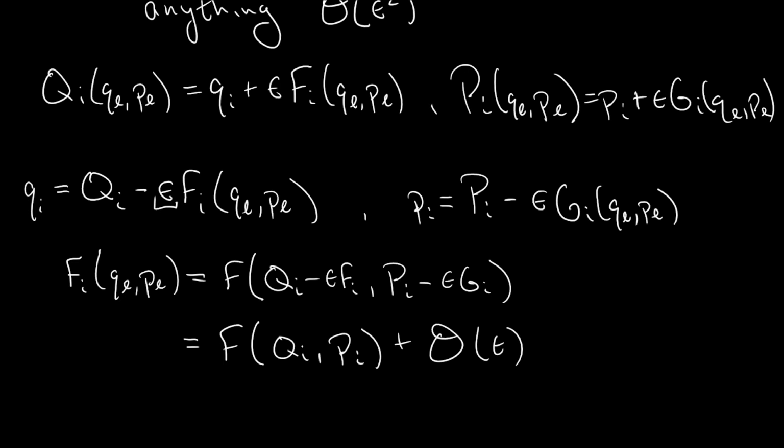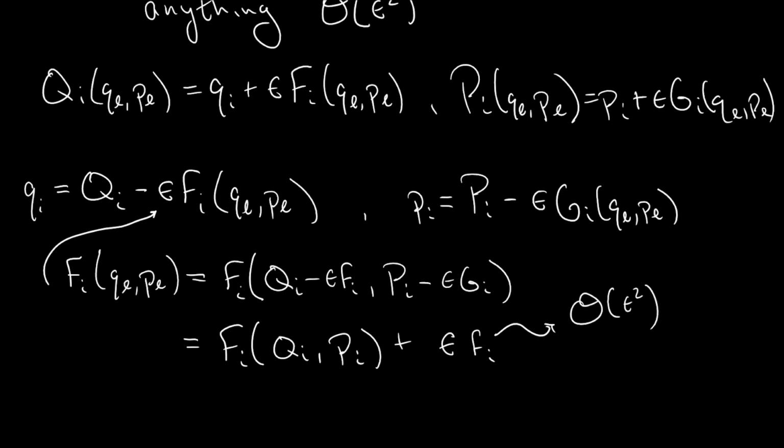So if I have a term which looks like epsilon times some other function, little f, then when I plug this back in here, this term will end up being epsilon squared, which I just said we don't care about. We don't care about anything higher than epsilon to the first. We only care about epsilon to the first because these are infinitesimal.